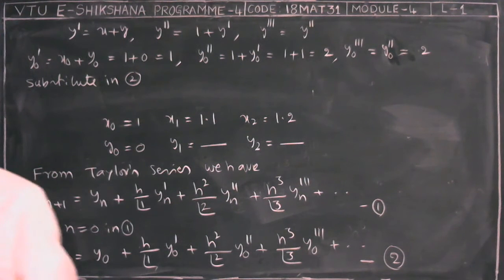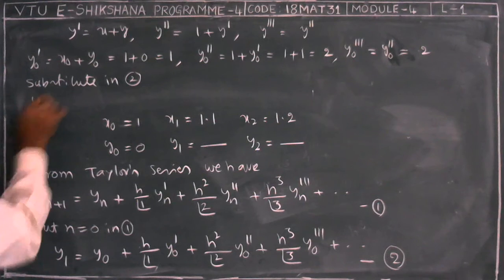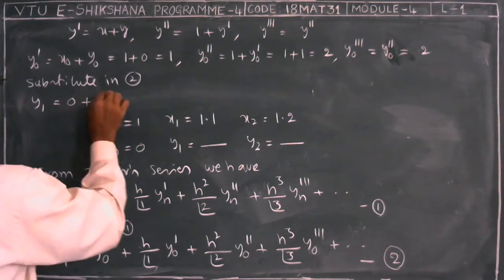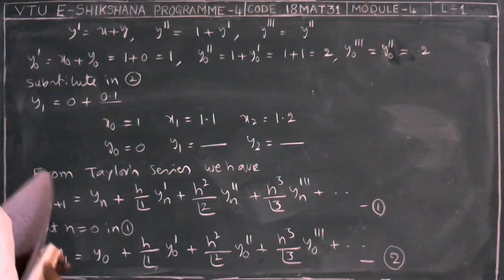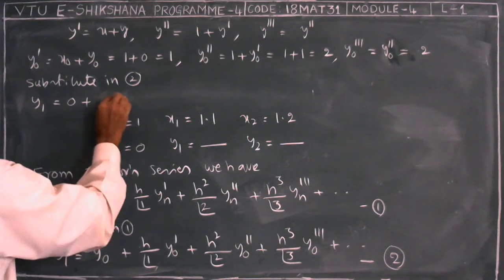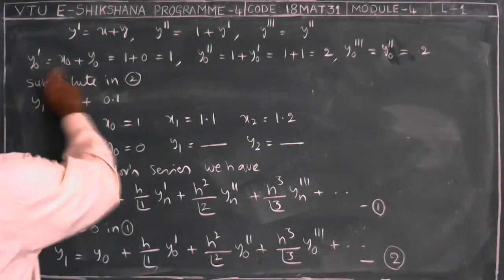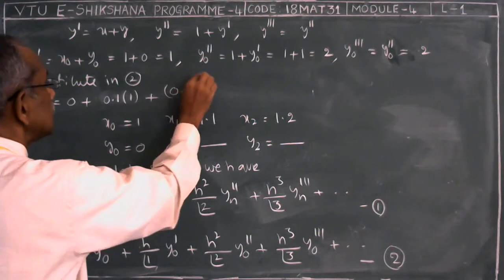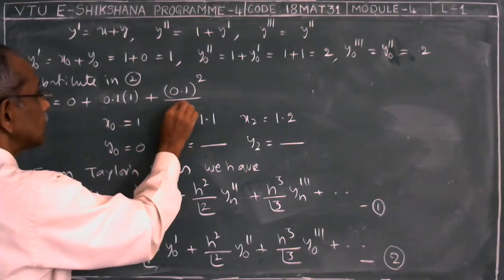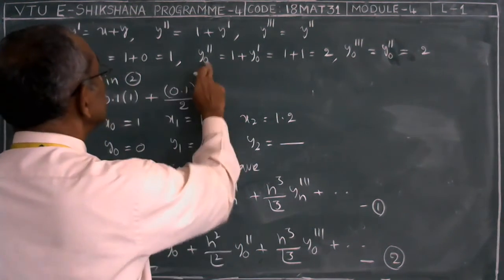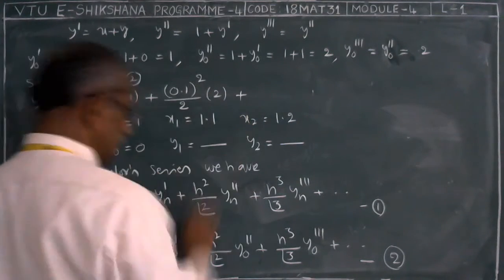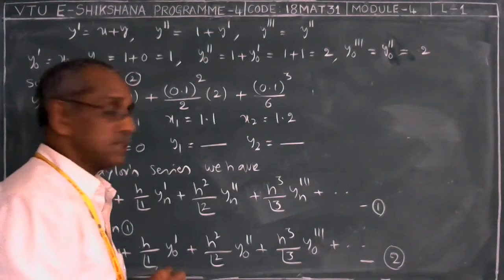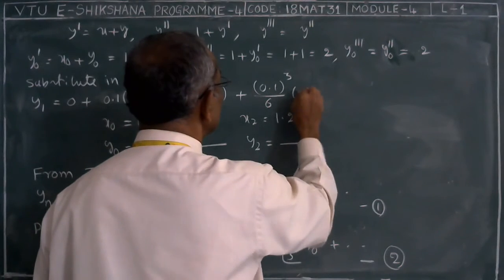What do you get? y1 is equal to y0, which is 0, plus h, which is 0.1, divided by factorial 1, which is 1, into y0 dash. y naught dash is 1, so 0.1 into 1 plus h square, 0.1 whole square, divided by factorial 2, which is 2, into y naught double dash, which is 2, plus h cube, 0.1 whole cube, divided by factorial 3, which is 6, into y naught triple dash, which is 2, and so on.